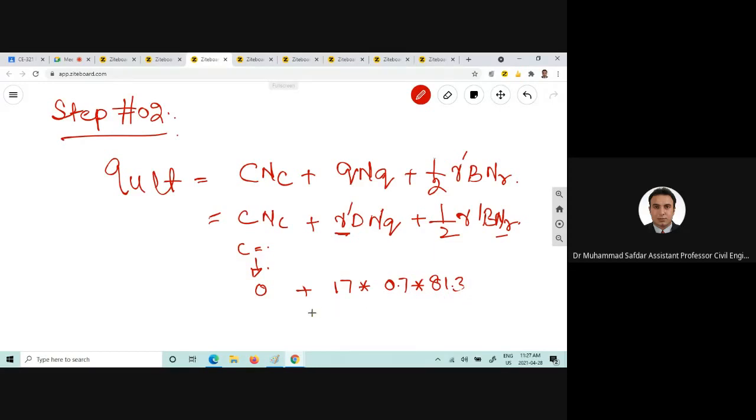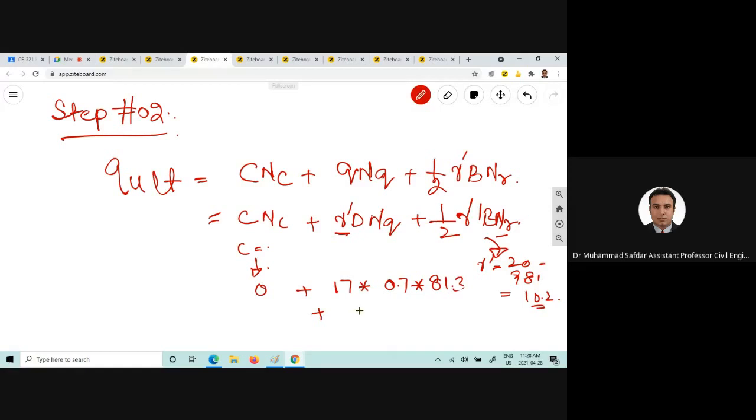Now we need to add the third term, and for the third term we need to use gamma prime, which will be 20 minus 9.81, and that would be equal to 10.2.